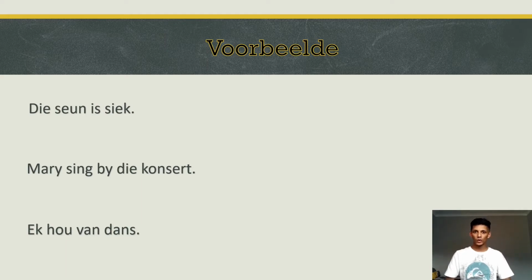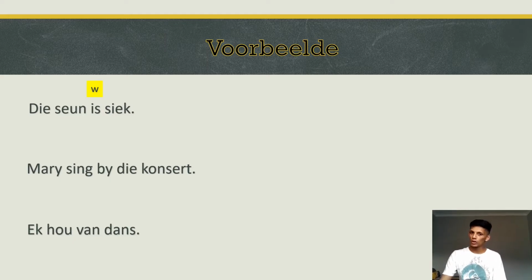Ons eerste voorbeeld, die seun is sick, the boy is sick. Wat is ons werkwoord? Ons werkwoord is is, en ek sal 'n W gebruik om die werkwoord te identifiseer. Die seun is sick, wat sal ek doen nou? Sal ek 'n het skryf of 'n g?